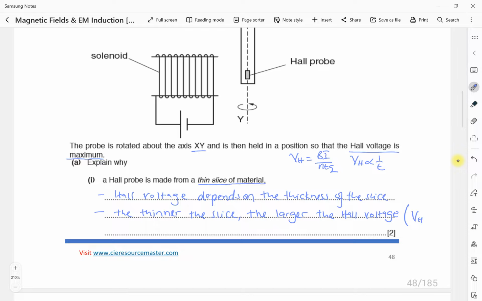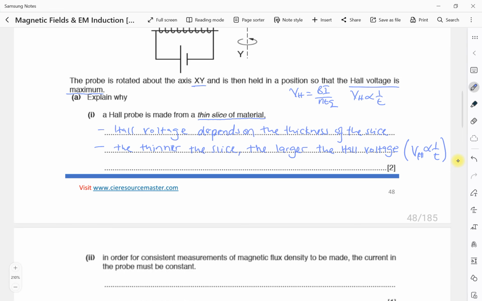So V_H is inversely proportional to t. So the smaller the value of t, the larger the Hall voltage. And I mentioned that a large quantity, when measured, has a smaller percentage uncertainty. So making the slice thinner means that the value of V_H is larger, and measuring V_H as a larger value would give a smaller percentage uncertainty.